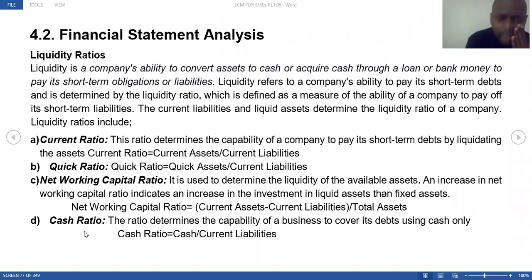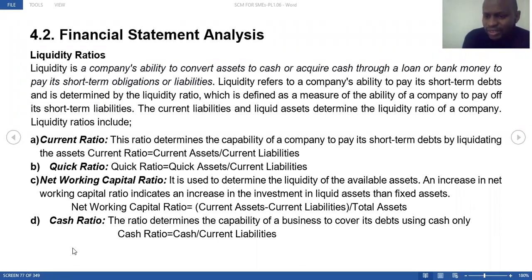Then we have net working capital ratio. It is used to determine the liquidity of the available assets. And we are saying an increase in net working capital or net working ratio indicates an increase in the investment in liquid assets than in fixed assets. So when you see an increase in working capital, remember we said working capital basically forms the current assets.